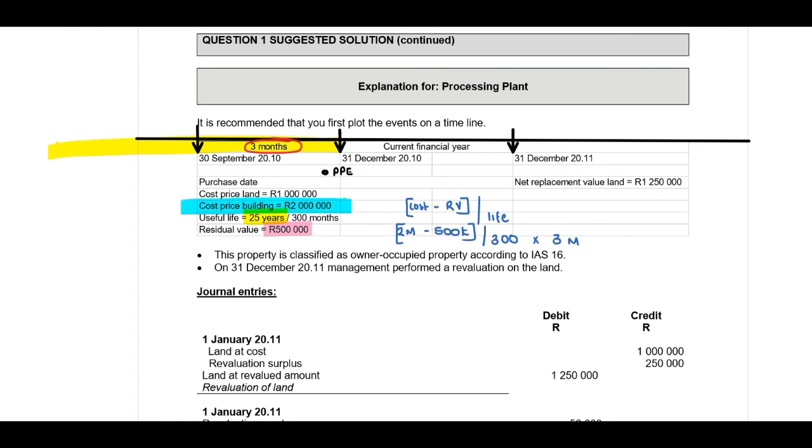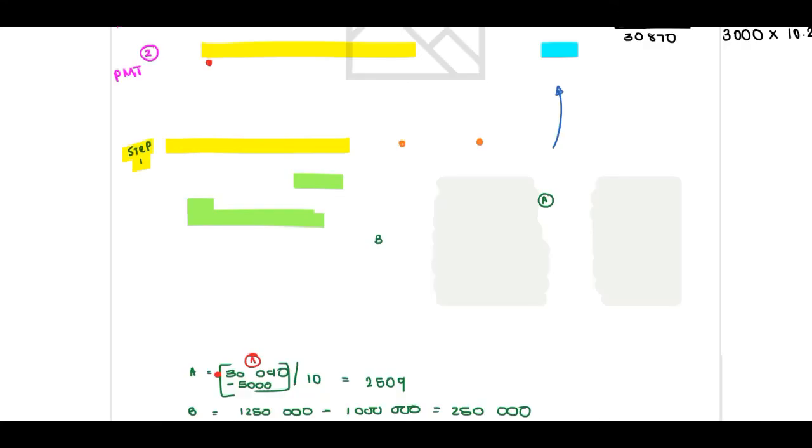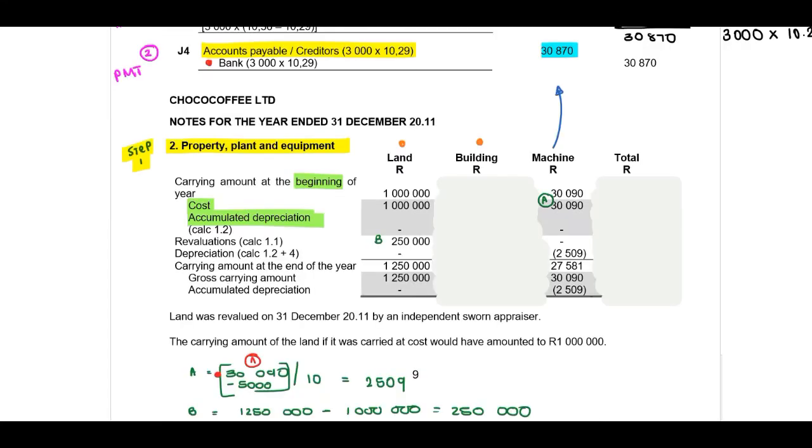Again, guys, if you want to, you can include this at the bottom. This is calculation C, which is your 2 million minus the 500,000, divided by your 300 months. How did we calculate this? Your marker won't know, and they're not going to take their calculators and re-perform calculations to try and figure this out.